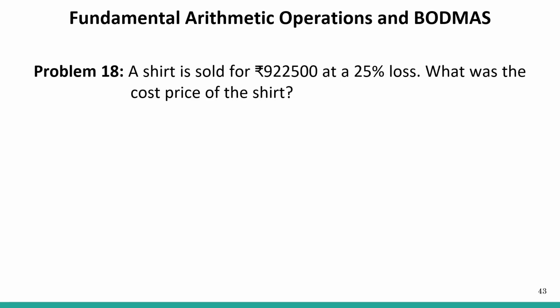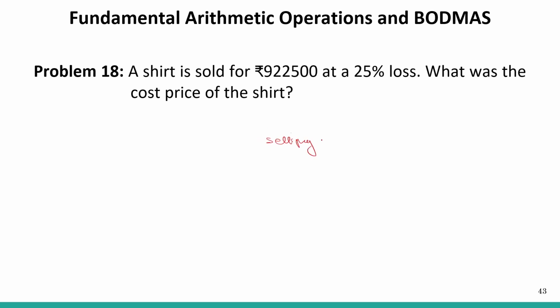Okay. So a shirt is sold for 9,22,500 at 25% loss. So what was the cost of the shirt? Okay. So selling price is equal to what?